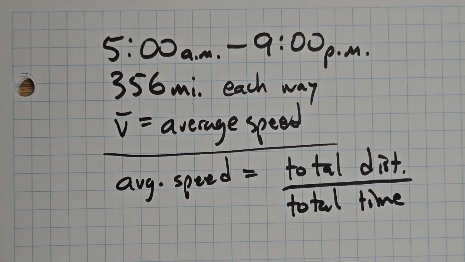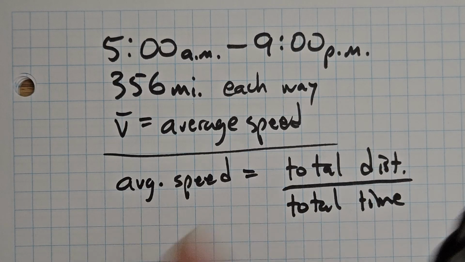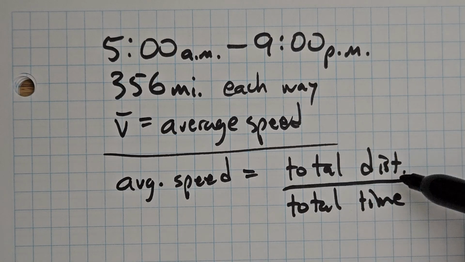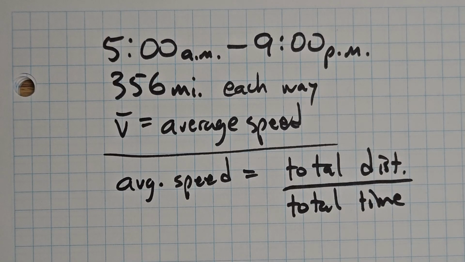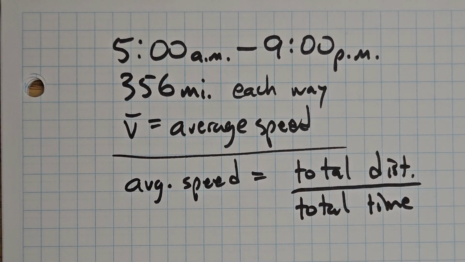Now, of course, there were pit stops and I probably spent time at the destination, but that all becomes part of the average speed. The time that I spend going 0 miles per hour is still part of my average speed. So distance over time, as in miles per hour, is the unit of measure here.